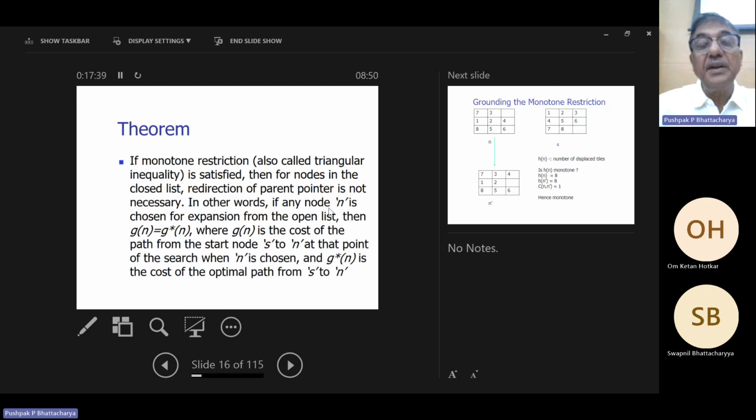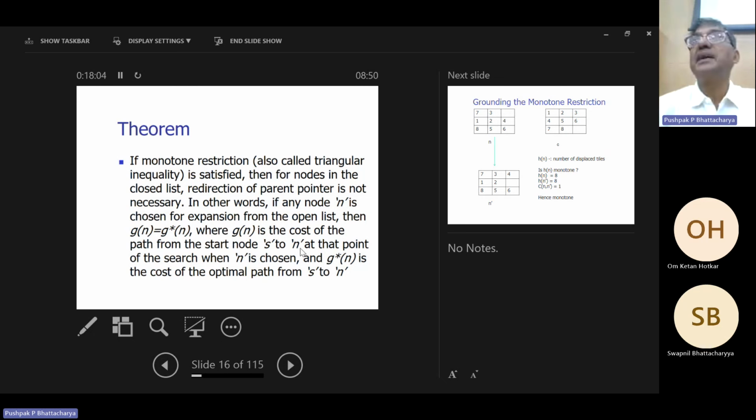In other words, if any node n is chosen for expansion from the open list, then G(n) equals G star(n), where G(n) is the cost of the path from the start node S to n at that point of the search when n is chosen, and G star(n) is the cost of the optimal path from S to n. So this is very remarkable.